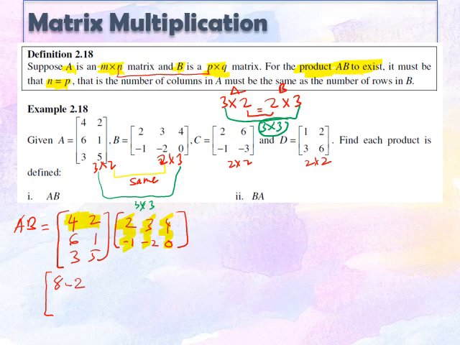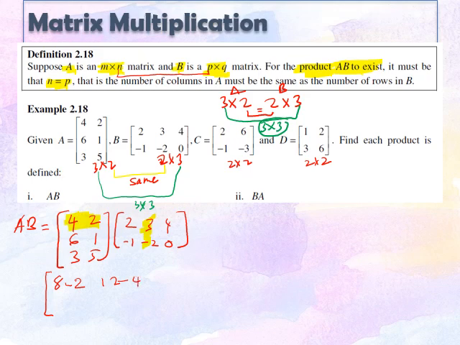And then we obtain the second element. 4 times 3 is 12, 2 times -2 is -4.